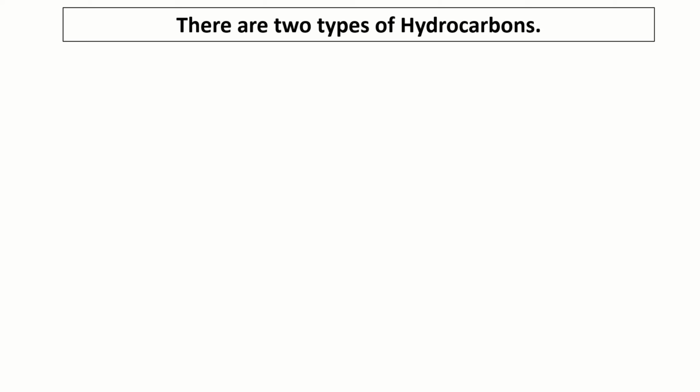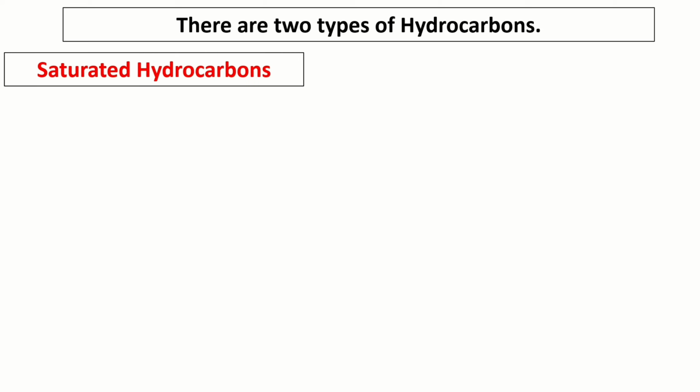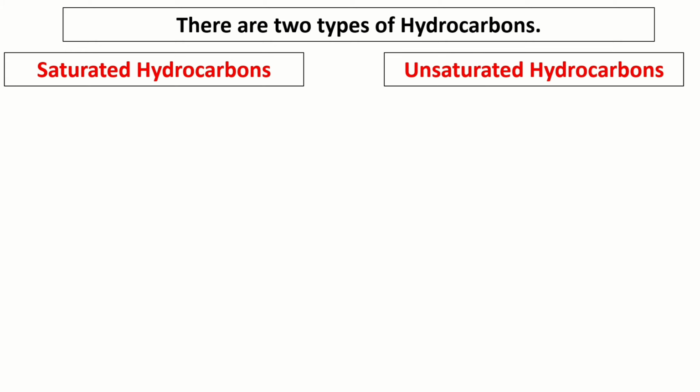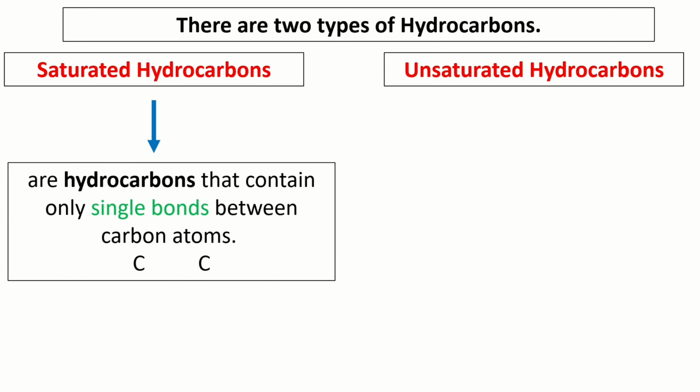There are two types of hydrocarbons: saturated hydrocarbons and unsaturated hydrocarbons. In this video, we will discuss saturated hydrocarbons. These are hydrocarbons that contain only single bonds between carbon atoms.